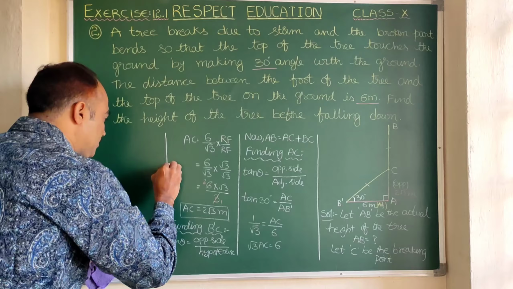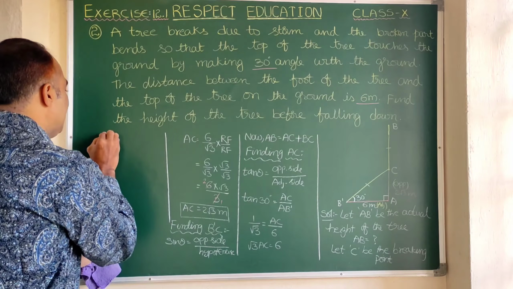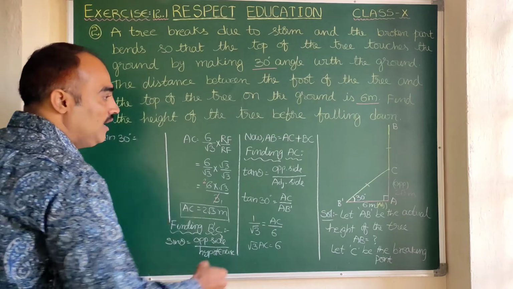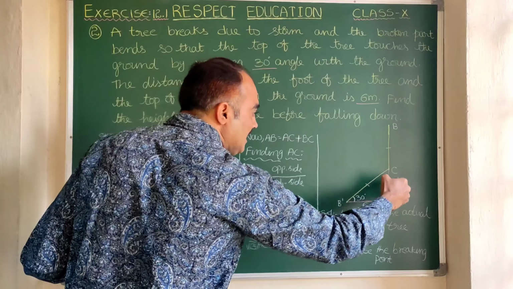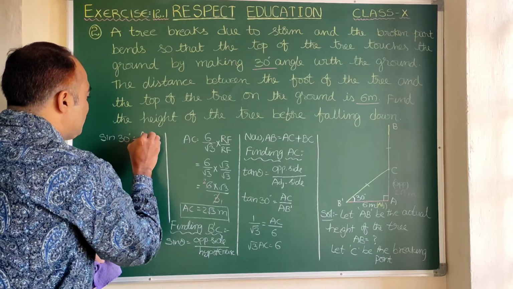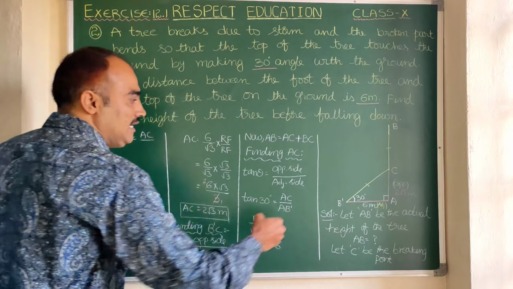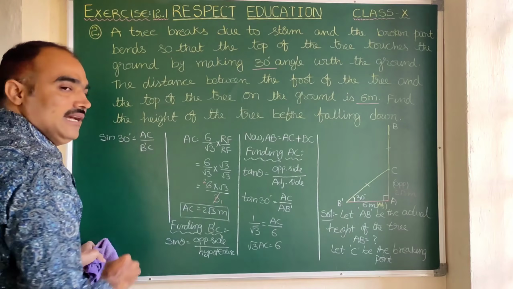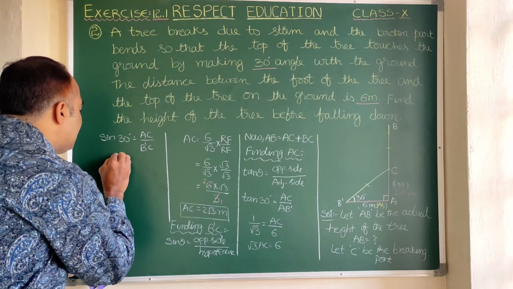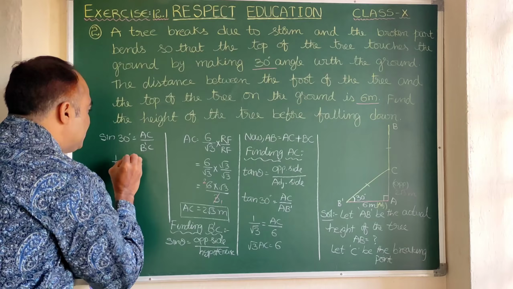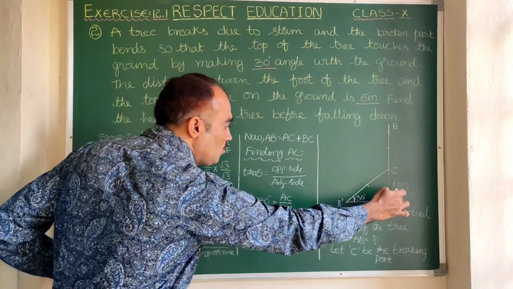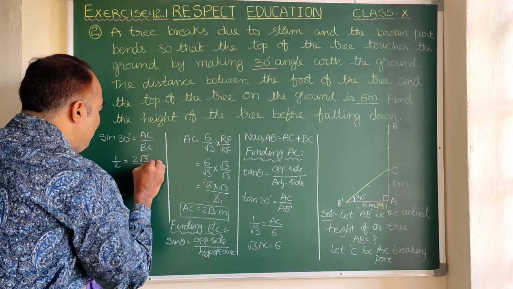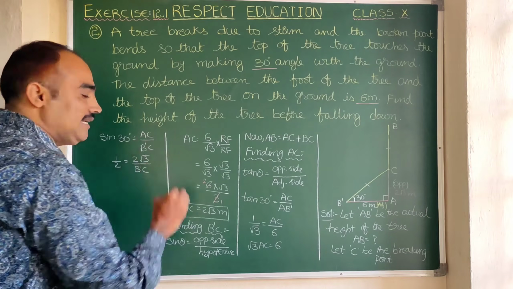Here theta is 30, so sin 30 degrees is equal to opposite side, AC, that is 2 root 3, by hypotenuse, B dash C. Sin 30 is 1 by 2. So 1 by 2 is equal to 2 root 3, which we just found, by B dash C, which is to be found.